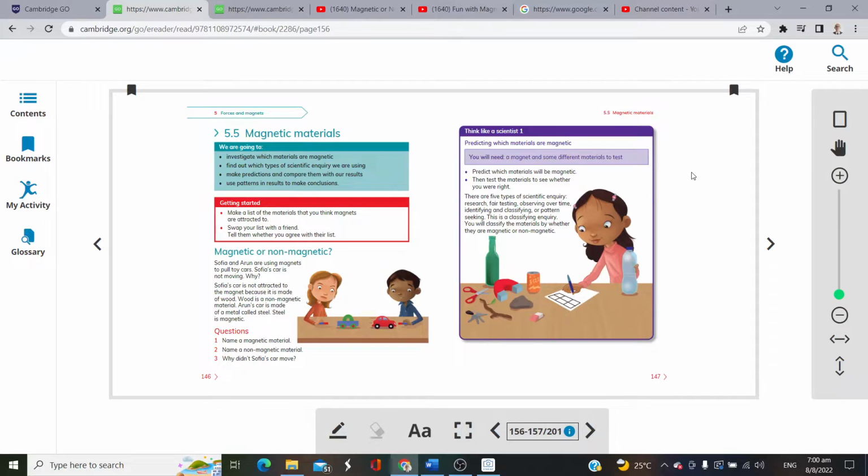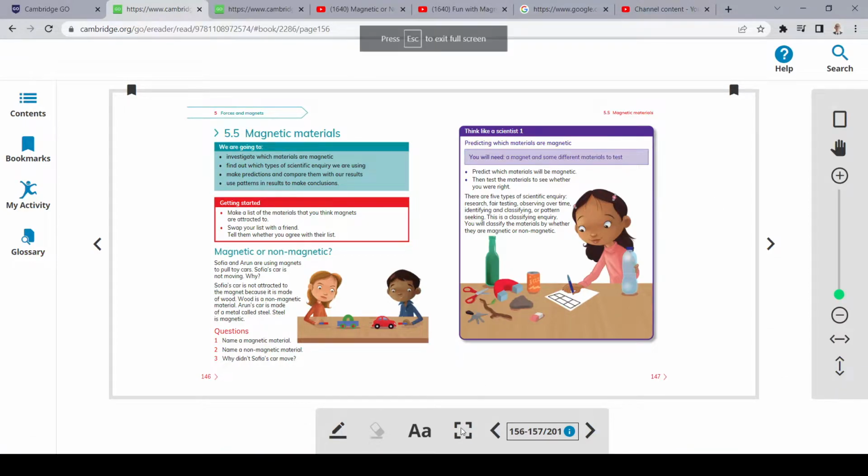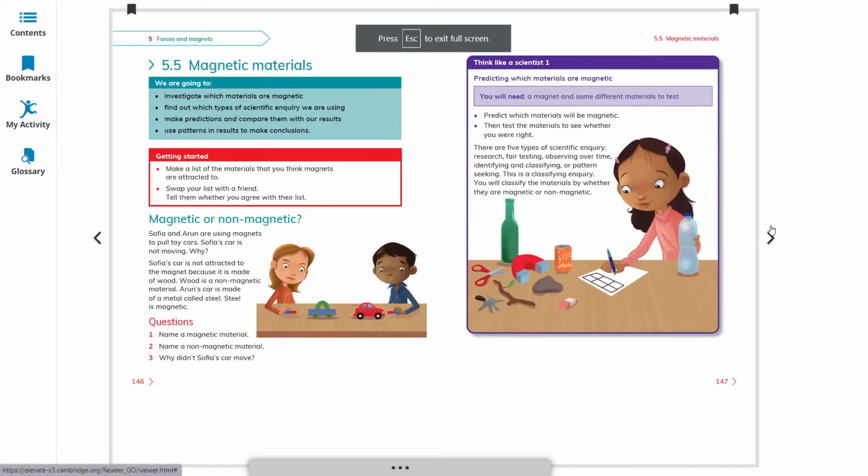So what you need to do is, you see there, page 147. This is where I need your exercise book. Please take out your exercise book and find a blank page. You need to do this. Here, predicting which materials are magnetic.